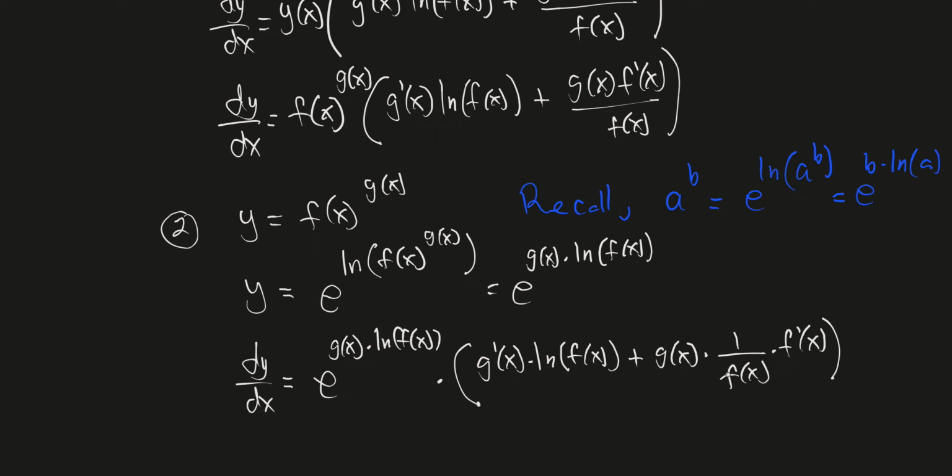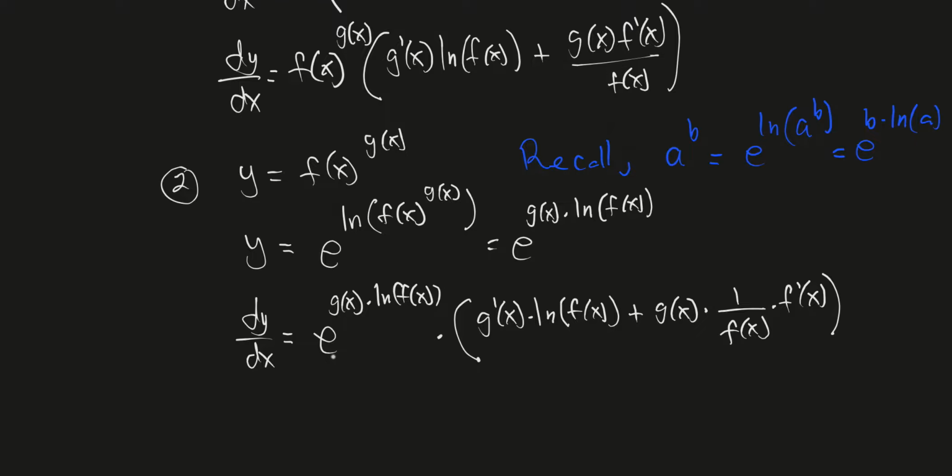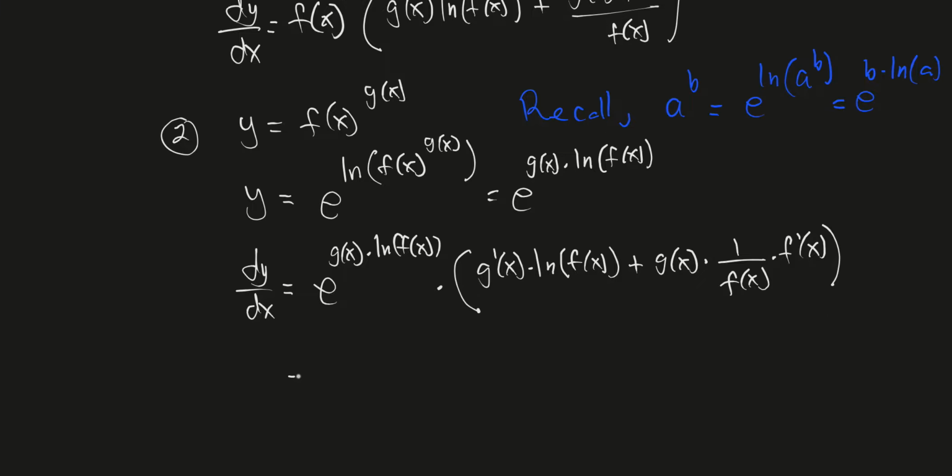So that's exactly the same expression that we had earlier. And then, well, notice all these things here are equal. All these things here are saying the same thing, just in different forms, right?